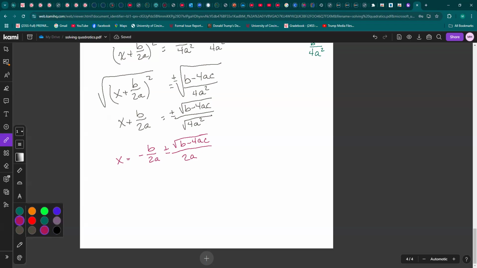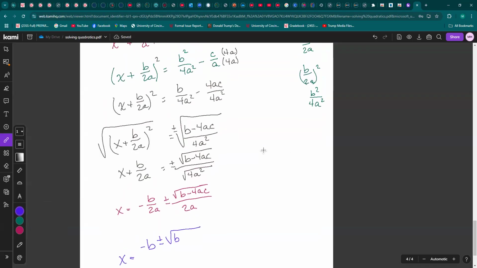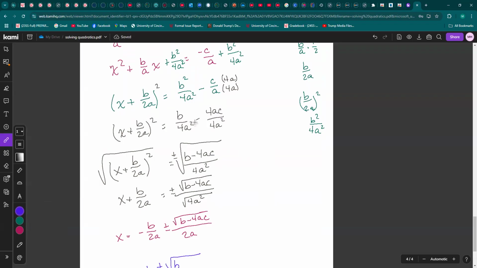Or I can rewrite it as one fraction because the denominators are the same. So this is x equals negative b plus or minus the square root of b. Where did I list the squared, I think? Oh yeah, because when I was adding this, I forgot my squared up here.